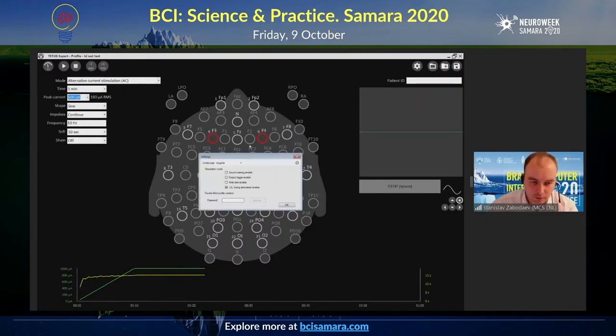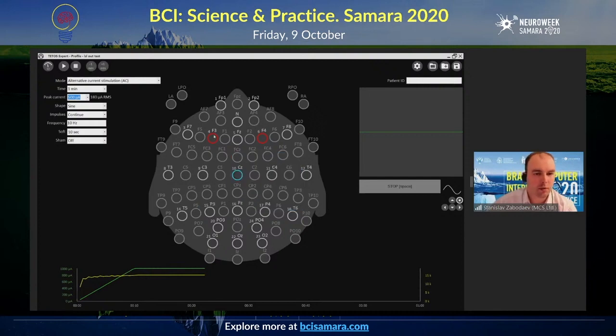So there's a separate mode of setting a profile for double blind study when we need to provide data not just for the patient, but also for the nurse that's going to perform the stimulation.